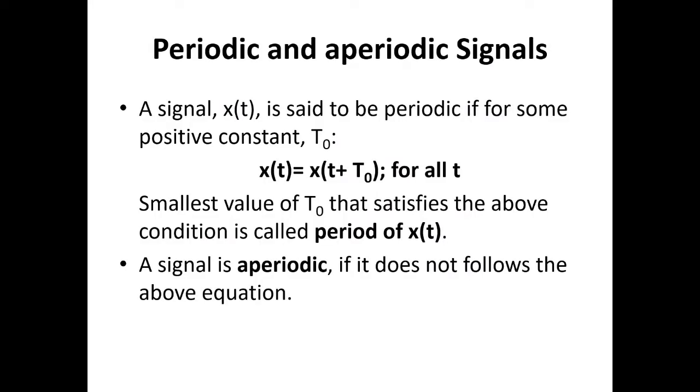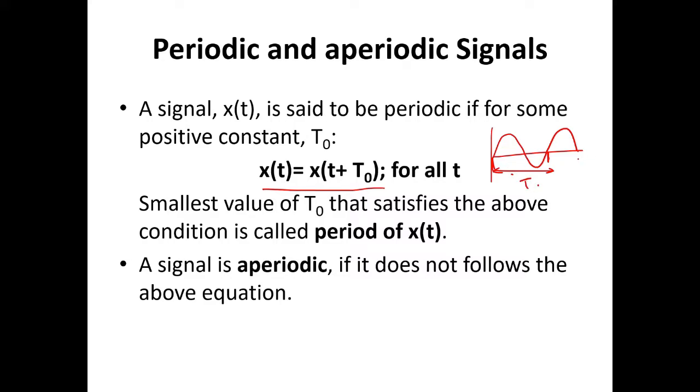Periodic and aperiodic signals: we all know what periodic signals are and what aperiodic signals are. Periodic signals are written as x(t) equals x(t plus T0), where T0 is the time period or the periodicity of the signal. If you have a signal like this, this one wave, after which the signal components repeat itself, is the time period.